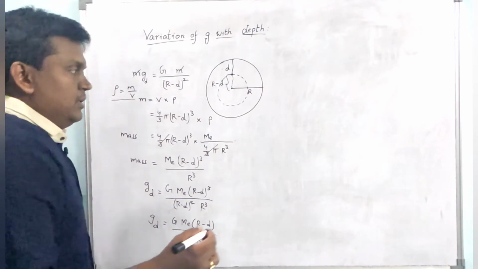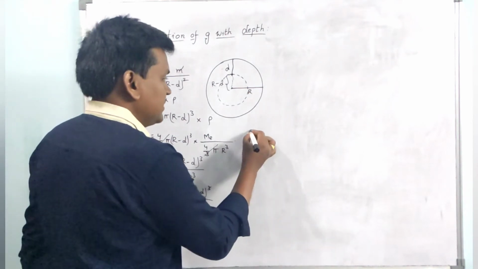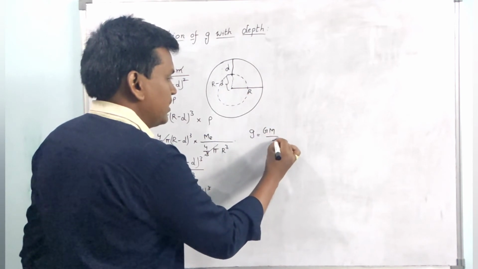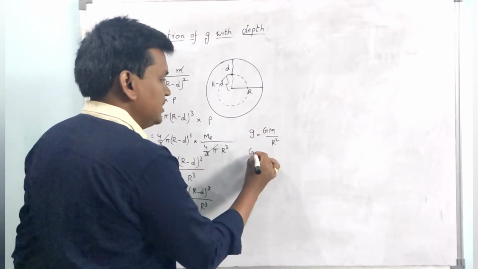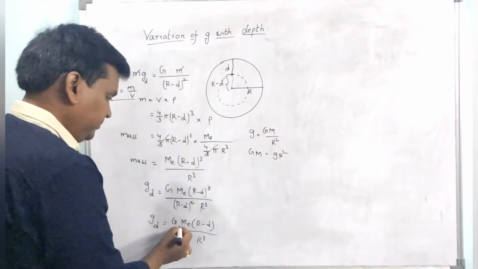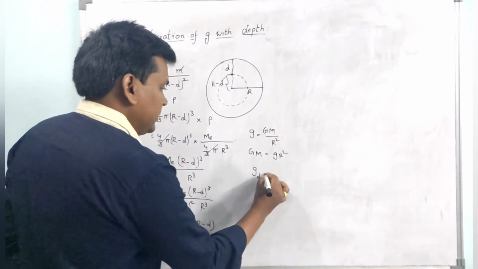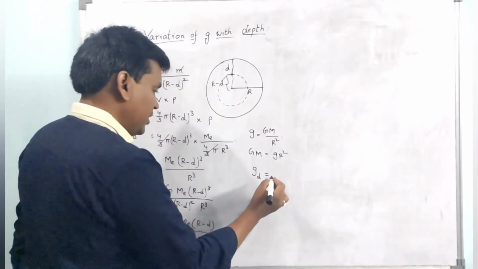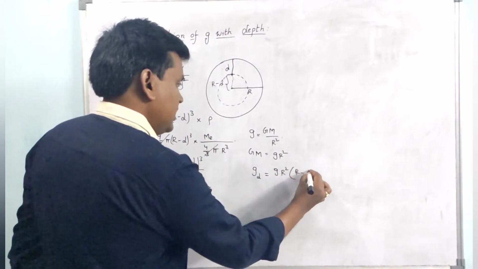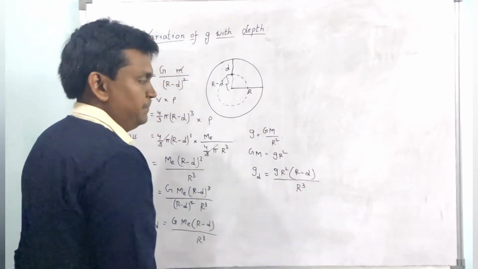And we had the relation between small g and capital G as g equals G Me by R square now, and G Me can be written as g R square. So substitute G Me with this one. So gravity at depth, g_d, equals g R square into (R minus d) by R cube.